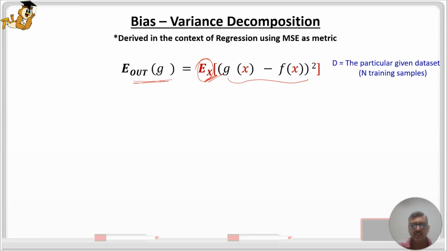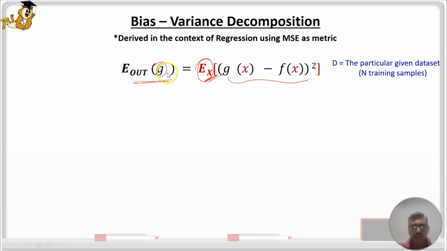Now D is the particular data set. By data set, I mean the n training samples that were given to you. And it's of course clear that the final hypothesis that you end up with is going to be a function of that particular data set that you had to work with, right?